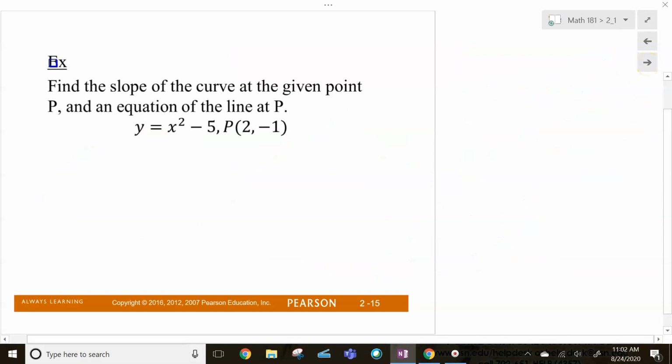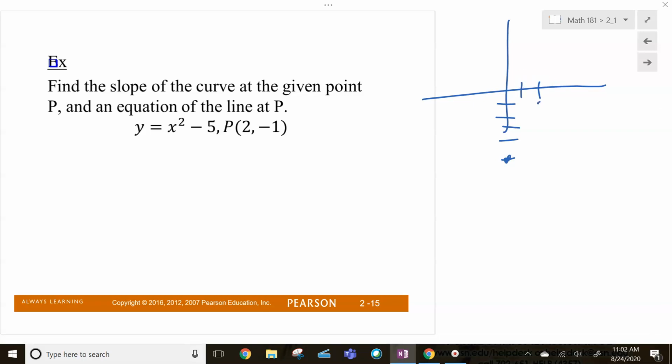So here's an example we're going to run together. Let's see if we can make some sense of this. I have y equals x squared minus 5, and at the point 2, negative 1, let's see if I can draw this. So here's right here.